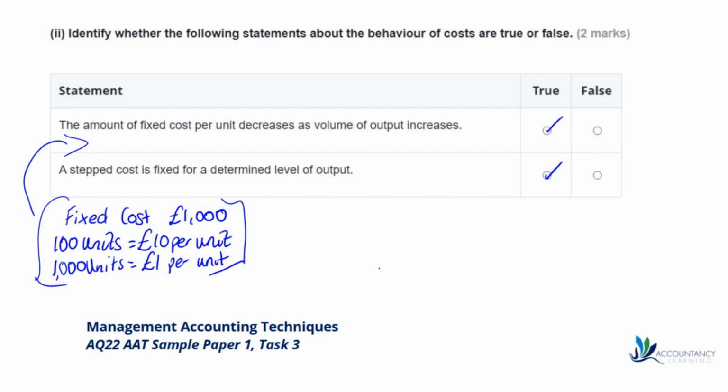So we might have a cost here for, say, 100 units, and those costs will stay the same, and then as we get to the next level, we are then going to have to step up for 1,000 units, and again and again. So a stepped cost is fixed only up to a determined level of output, making that statement true.